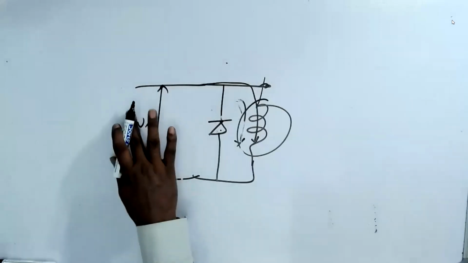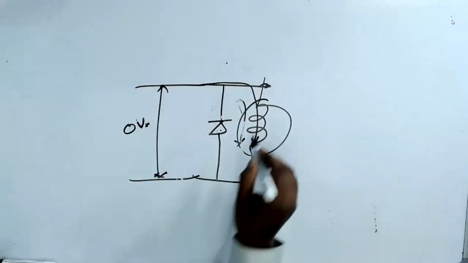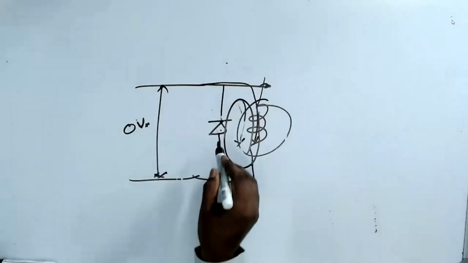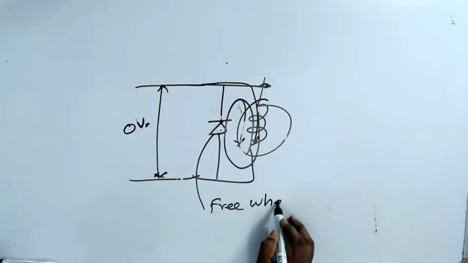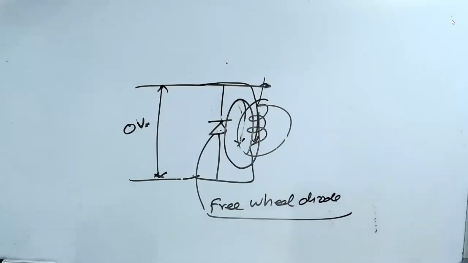The moment you make it 0 volts, the current here will pass through this diode. That's why they call this a freewheel diode. It makes the current pass freely at the end.